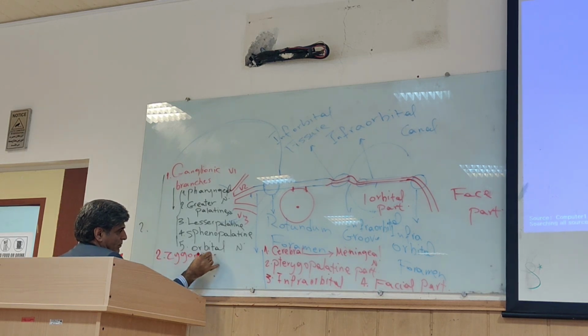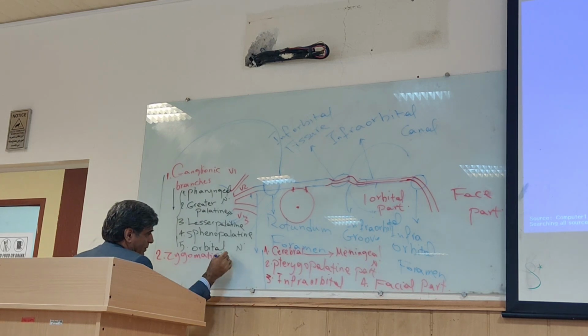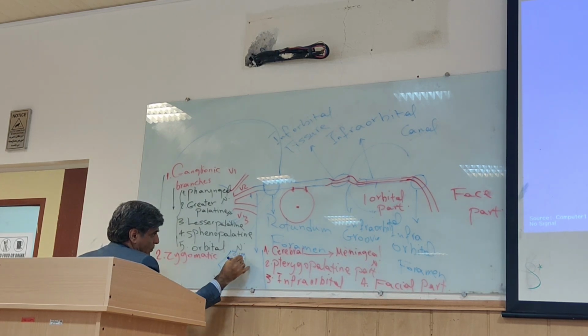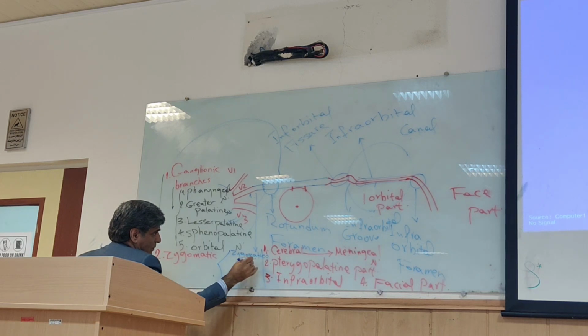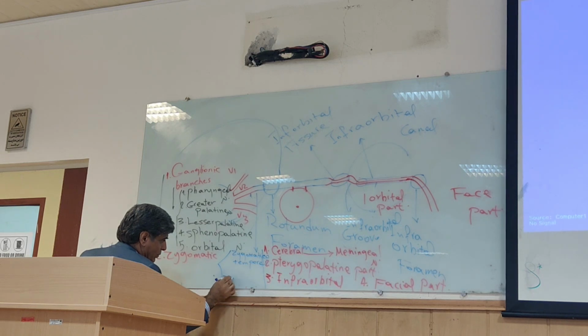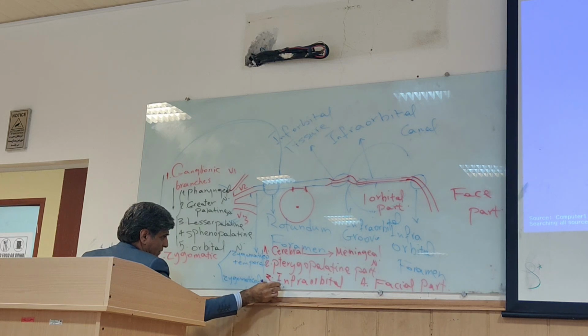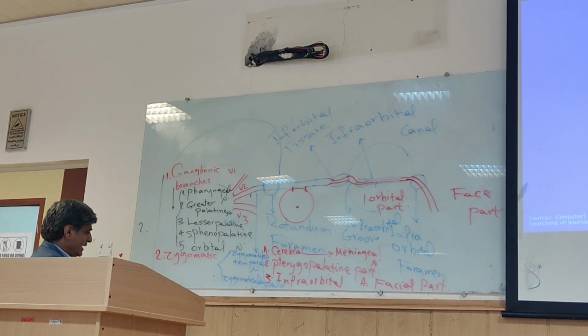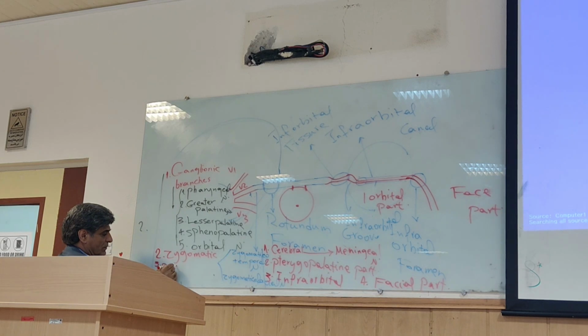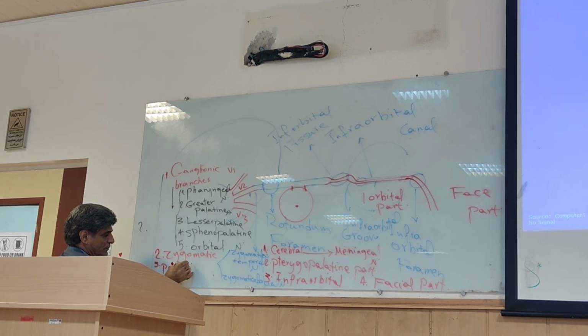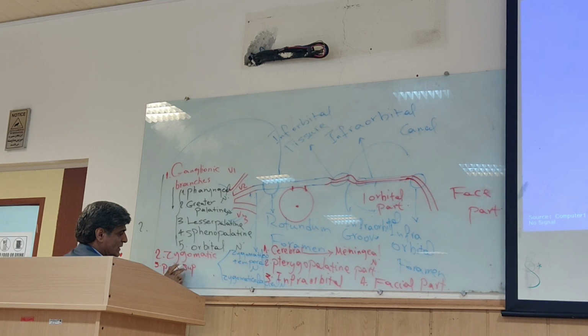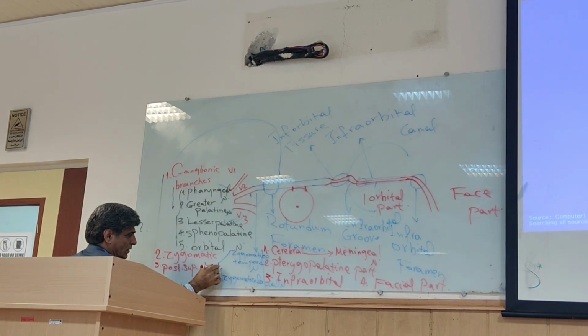And another branch, two, the zygomatic branch. The zygomatic contains two branches: one, zygomaticotemporal; two, zygomaticofacial nerve. Three, the posterior superior alveolar nerve, the same as a maxillary branch.